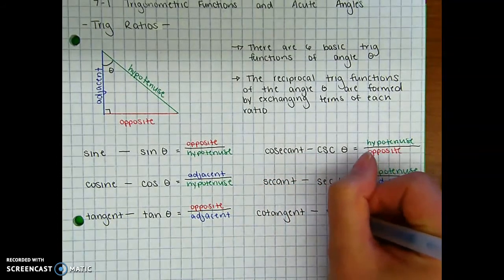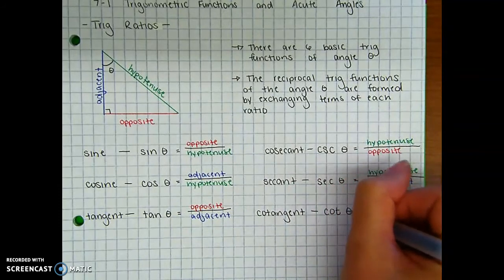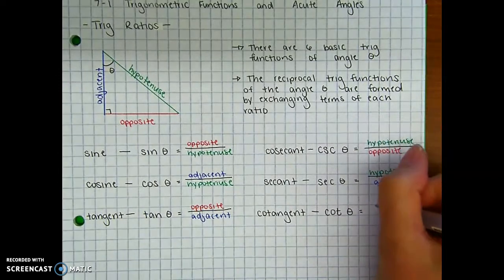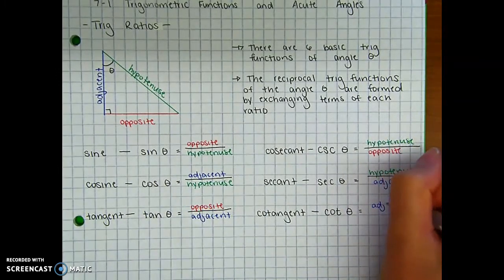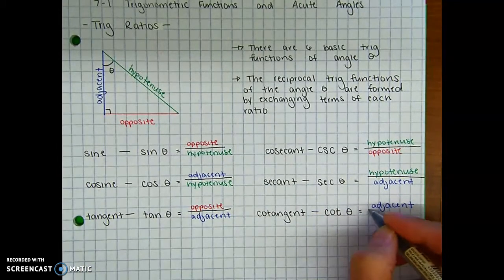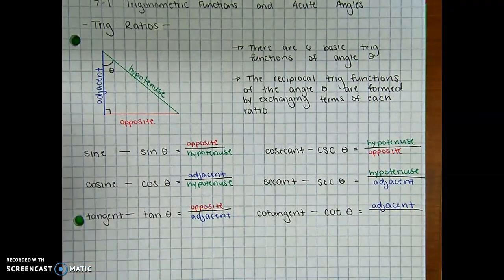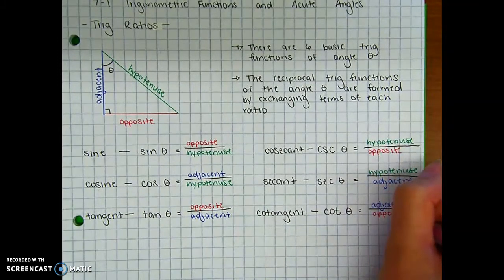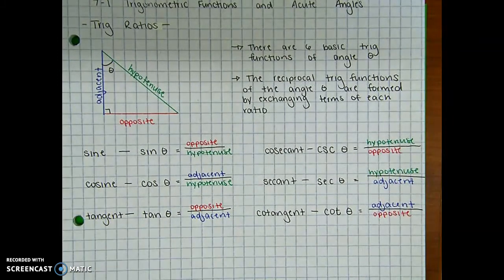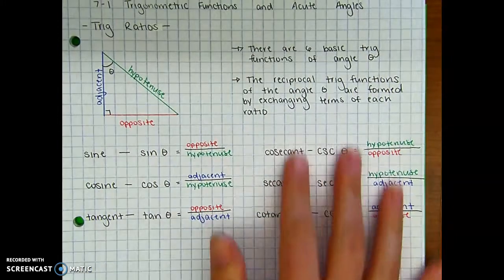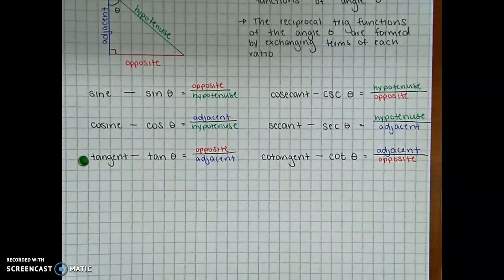And it's written COT of theta. And that will be adjacent over opposite. Okay, so those are the six trig ratios. You're familiar with 3 of them. You know SOHCAHTOA. And then these are the reciprocal functions.